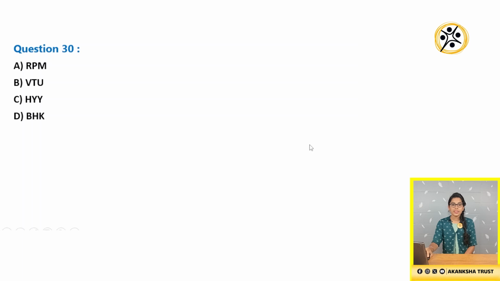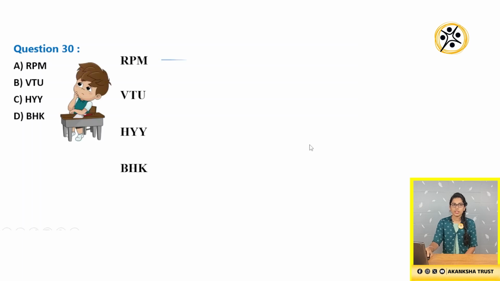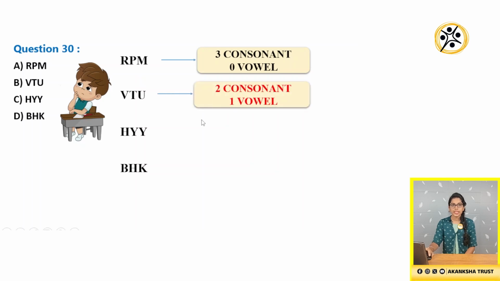Now let us examine the last question. In the case of the first option there are no vowels, right? All 3 of them are consonants, and in the second option U is a vowel and V and T are consonants. So here we have 2 consonants and 1 vowel, and in the third option all of them are consonants, so there are 3 consonants and 0 vowels.